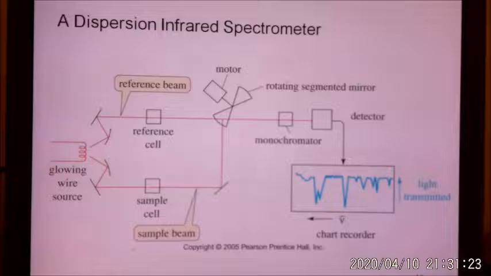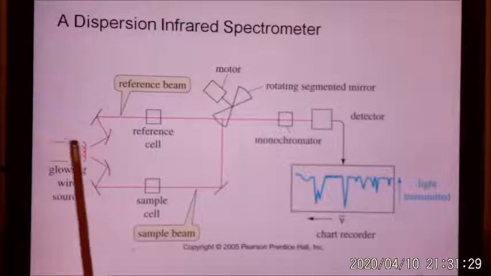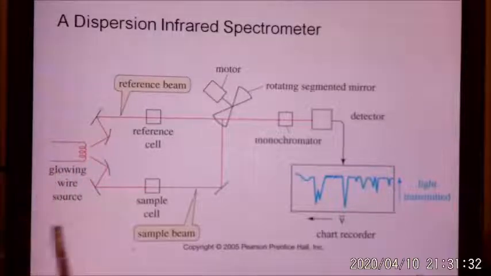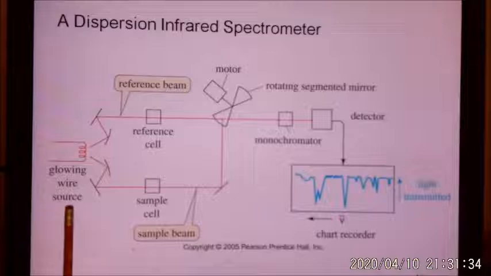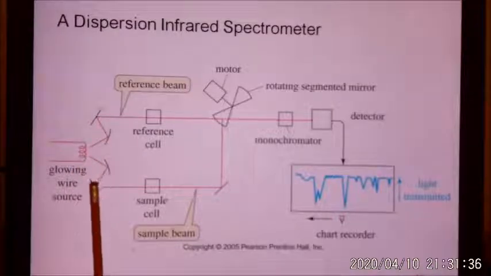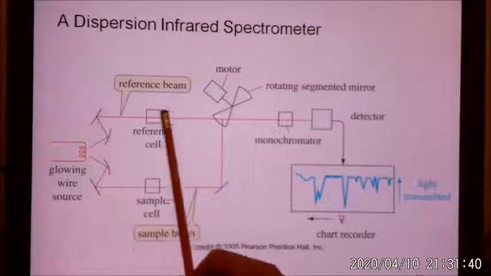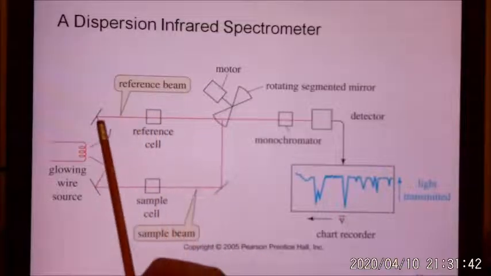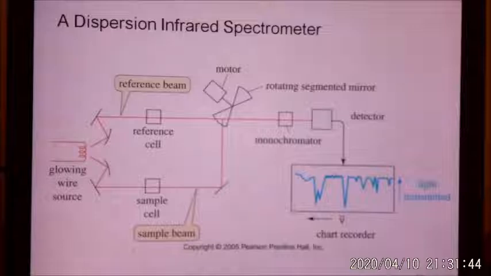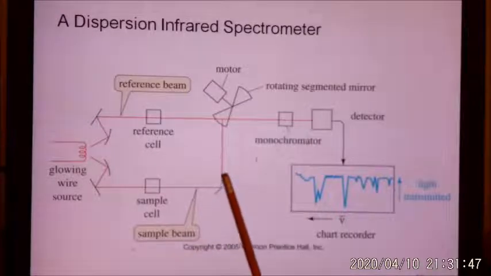Let's look at different types of spectrometers. Originally, for an IR you'd have your source, which has to be a heat source because we're talking about IR. The beam would be split, and one would go through your sample cell and one through your reference cell, which is basically just open to air because that's your reference. Then it would be recombined.